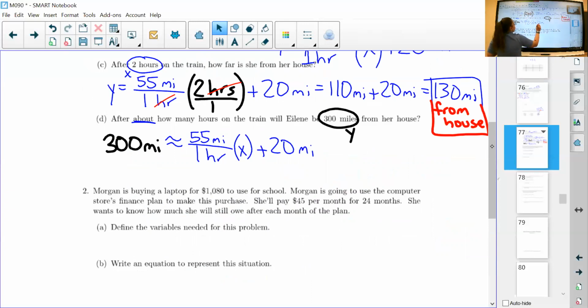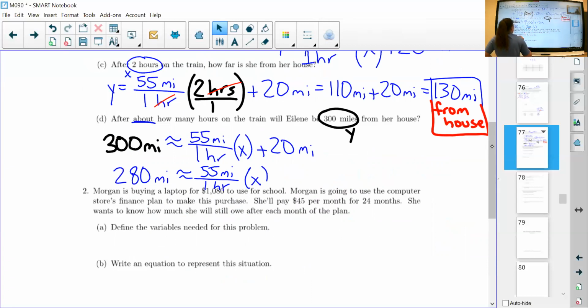And let's subtract this 20 miles from both sides. So I get 280 miles. It's about 55 miles over 1 hour times X. Let's multiply the 1 hour over here. How do we want to do this? There are a lot of ways to do this.